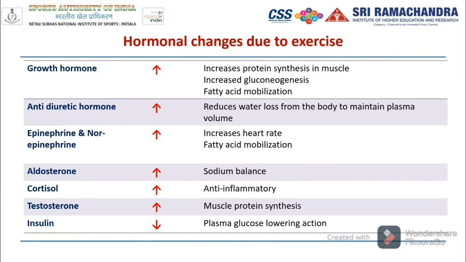So, now let us look at the hormonal changes due to acute exercise. So, only the key hormones I have represented here. The growth hormone shows an increase, and the role of growth hormone during exercise is to increase the protein synthesis in the muscle, and it causes increased gluconeogenesis, that means formation of glucose from non-carbohydrate sources, and it also mobilizes the fat from the adipose tissue so that it acts as a glycogen sparing agent.